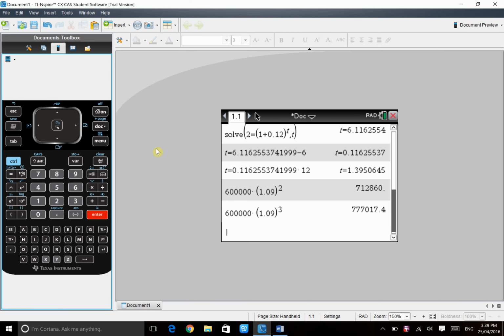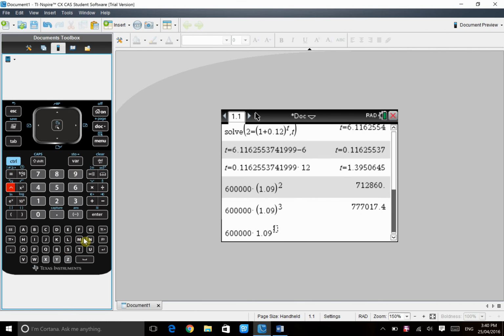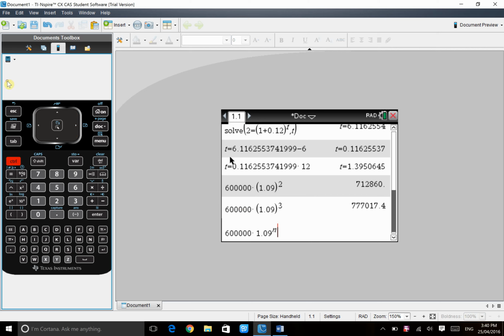So I don't want to type this formula again and again. What we can do is define the formula. So let's say it's 600,000 times 1.09 to the power of n. Let's move this arrow down here, and then I press Control and VAR here.